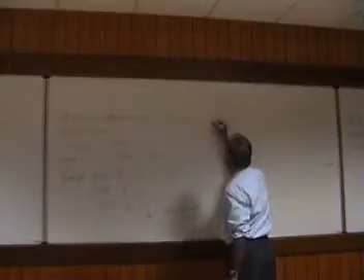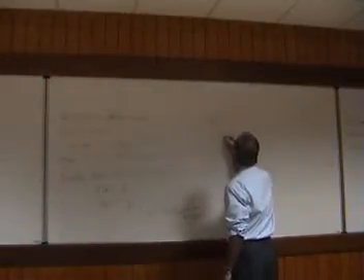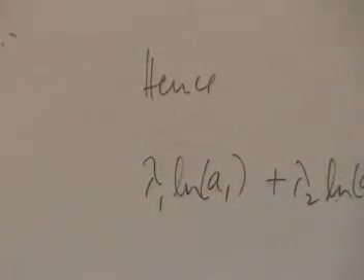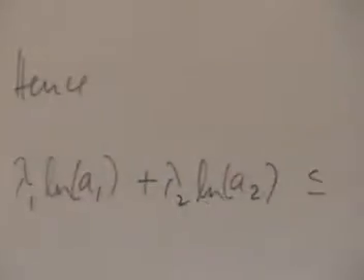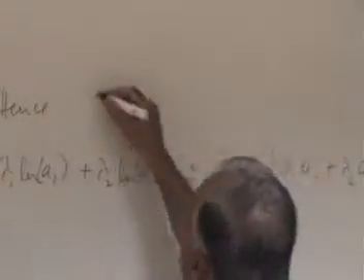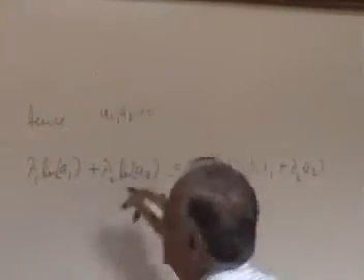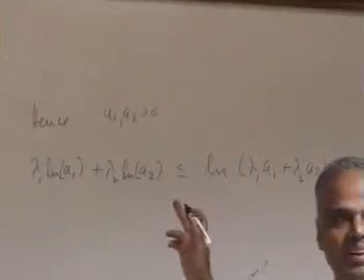Hence lambda 1 phi A1 plus lambda 2 phi A2, or lambda 1 log A1 plus lambda 2 log A2, is less than log of lambda 1 A1 plus lambda 2 A2, for A1, A2 greater than 0. Now why do I write greater than 0?